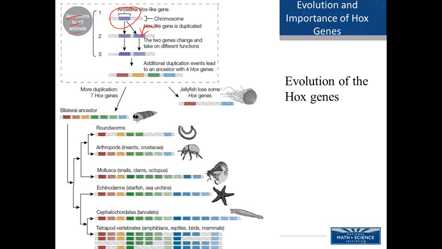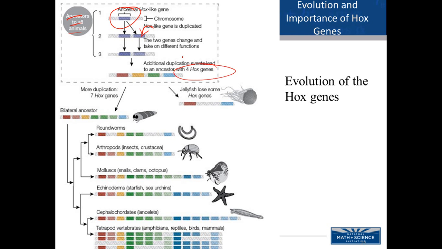They produce homeotic proteins, but they have different functions and control other genes that control other structures. So there may indeed be other duplication events. And so it's thought that there was an ancestor that actually had 4 Hox genes.